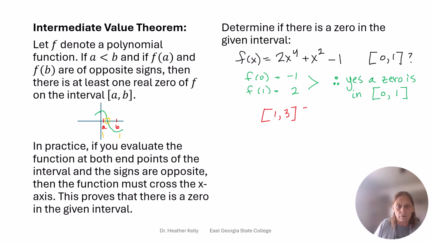How about 1 and 3? Let's check that out. So we know f of 1, we just figured that out. F of 1 is equal to 2. What's f of 3? Well, f of 3 is a little bit harder to do. I'll just do it with some synthetic division real quick. I've got a 3 here, and we've got a 2 and a 0 x cubes and a 1 and a 0 x, so 2x to the 4th, 0x cubes, 1x squared, 0x, minus 1.